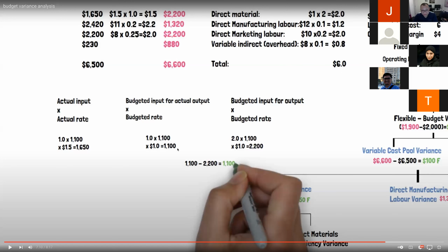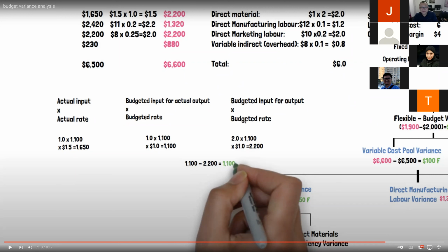When you compare the middle column to the right column, 1,100 versus 2,200, the rate is holding constant. So basically, the budget rate is the same, $1 per pound of clay. So what's different is the usage, the amount of materials used.